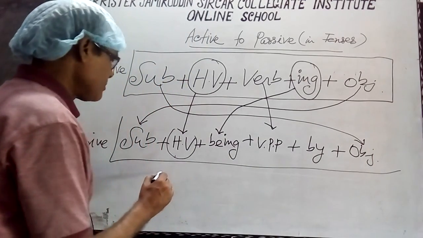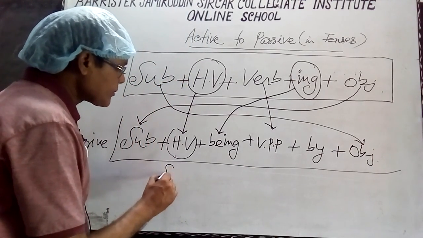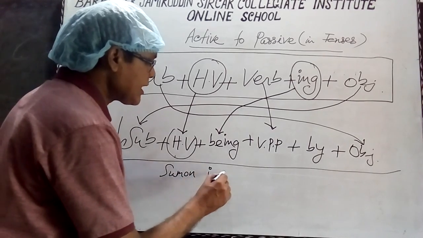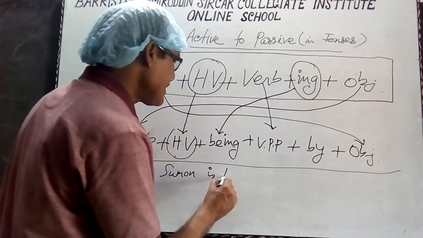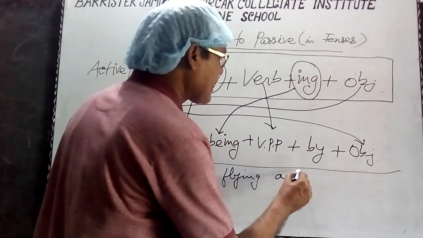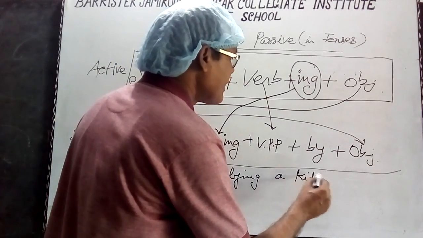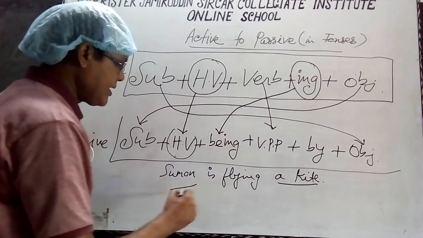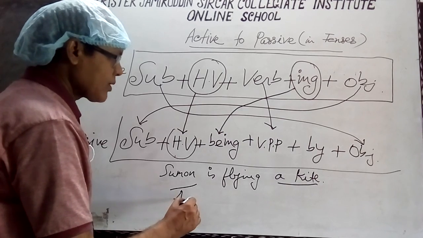Let's see an example. Suman is flying a kite. Here kite is the object, Suman is the subject. So a kite will be the subject.